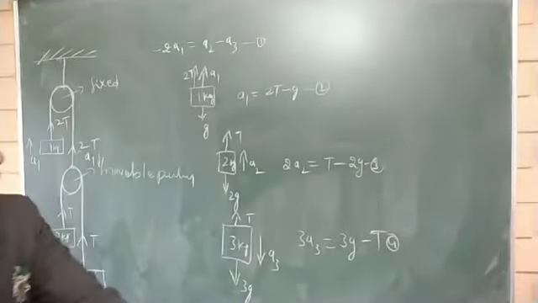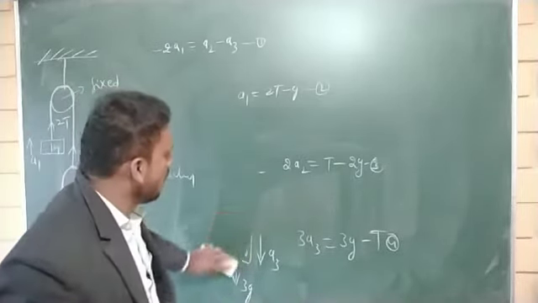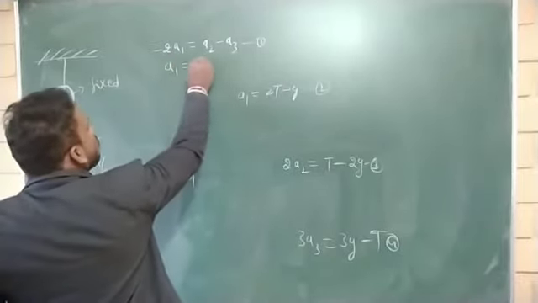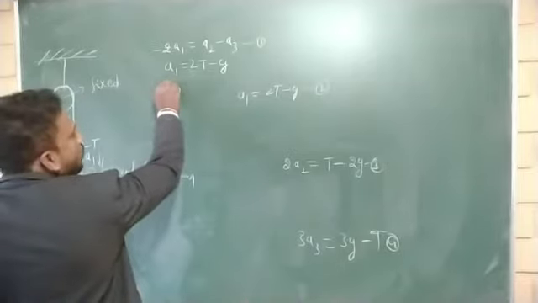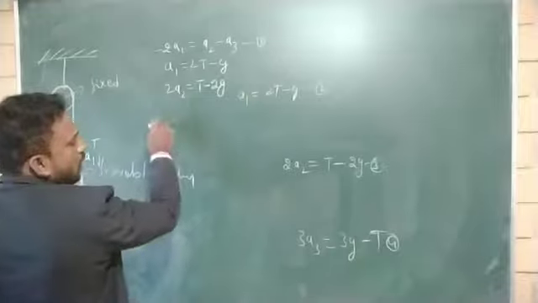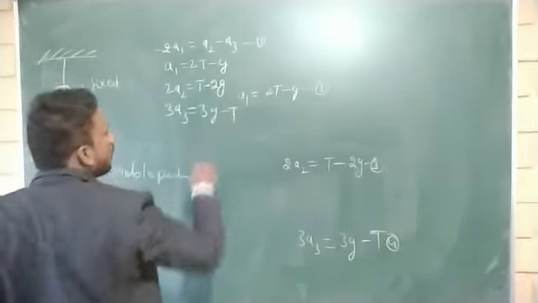Therefore, we have equation number 1, equation number 2, equation number 3 and equation number 4. Equation number 2 is A1 is equal to 2T minus g. Equation number 3: 2A2 is equal to T minus 2g. Equation number 4: 3A3 is equal to 3g minus T.